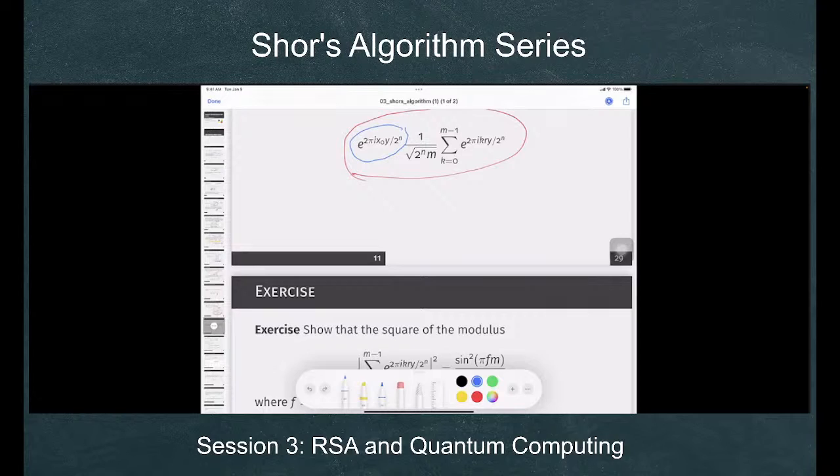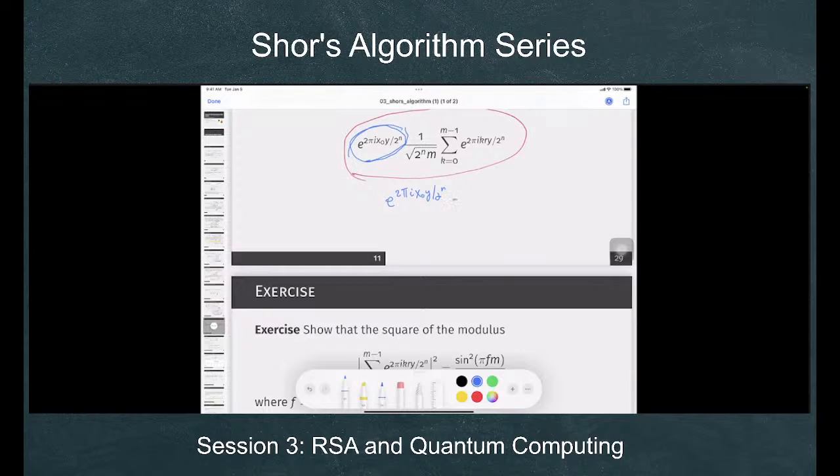What is the square of this one in blue? Let's do this: e to the 2 pi i x0 y over 2 to the n. When I say square of the modulus, what do I mean? It means that I multiply it with its complex conjugate. So what's the complex conjugate of this thing?